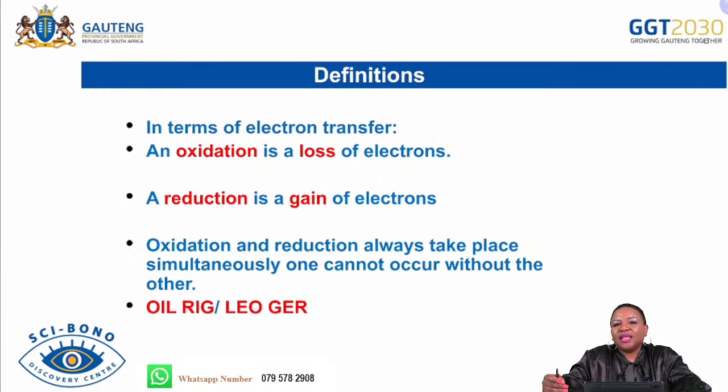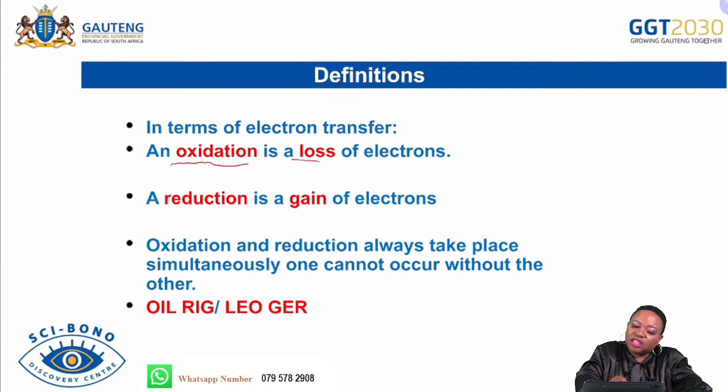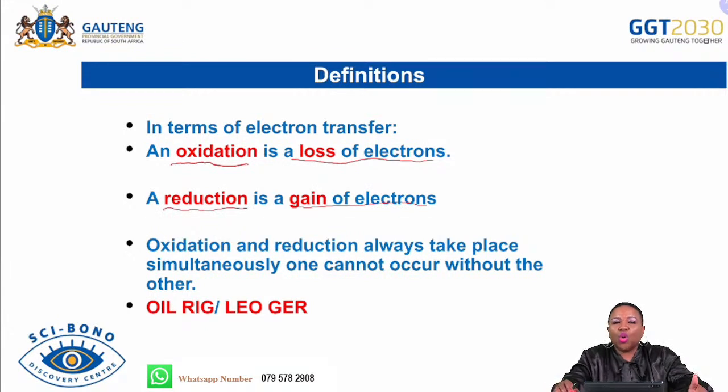So what does reduction and oxidation say in terms of electron transfer? In terms of electron transfer, oxidation is the loss of electrons and reduction is the gain of electrons. Therefore, we are expected to know how to define the two terms in terms of either electron transfer or oxidation numbers.